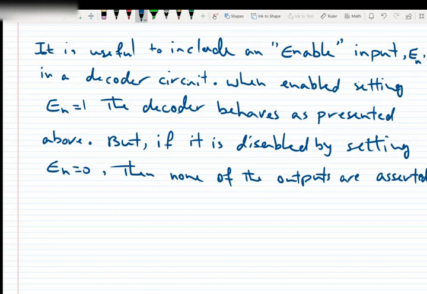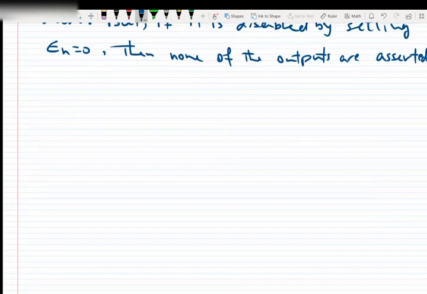Any combinational or sequential circuit can have an enable input. If the enable is active, the multiplexer behaves as described. If the enable input is 0, the multiplexer is not working, so there is no output. So enable input can be added to any circuit.